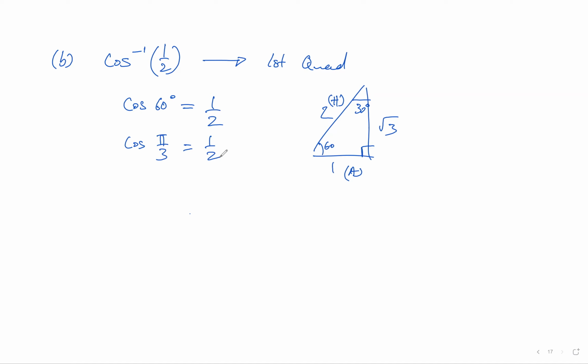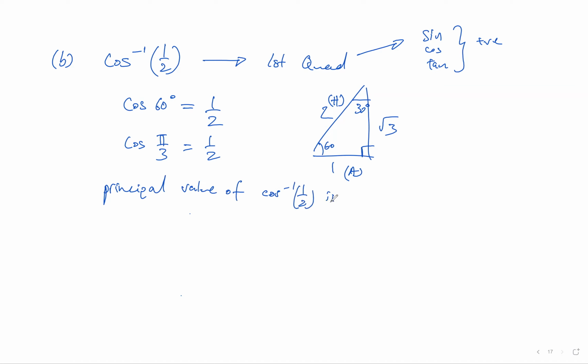In the first quadrant, all of sine, cosine, tangent are positive. So you can just write the statement: principal value of cosine inverse negative half is pi over 3.